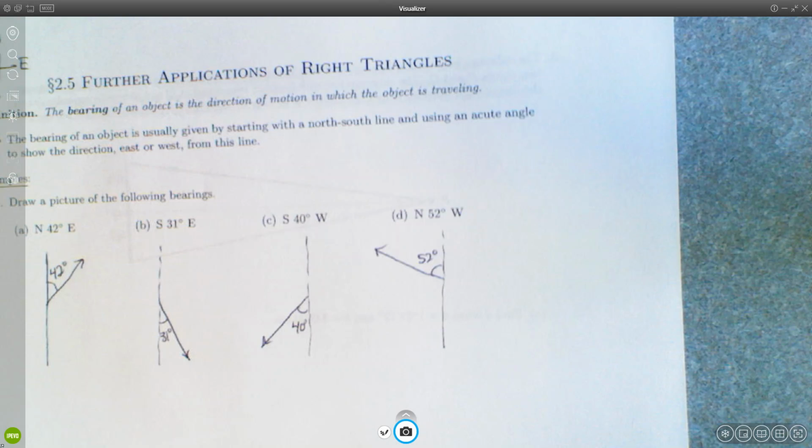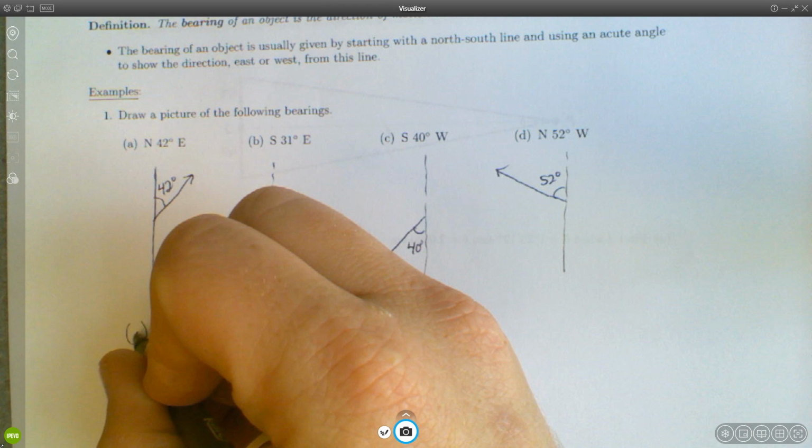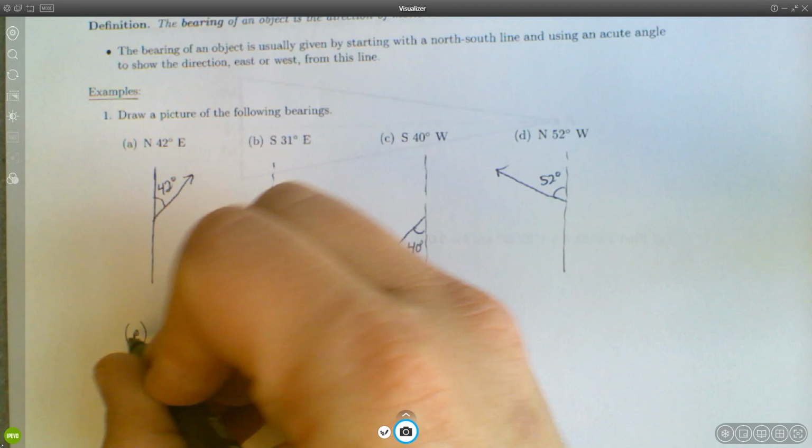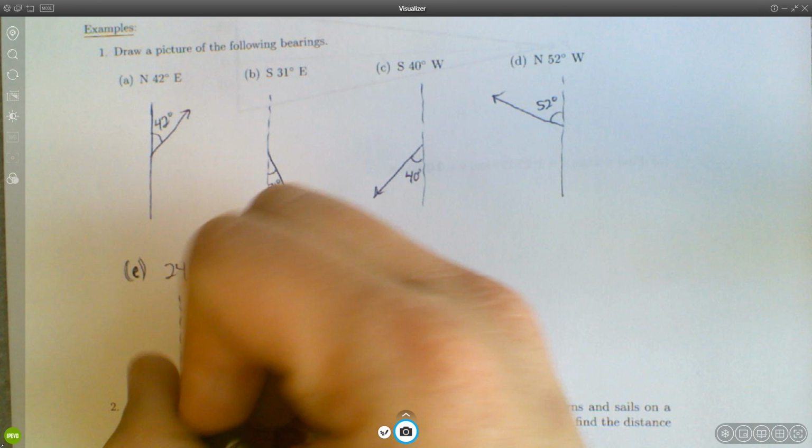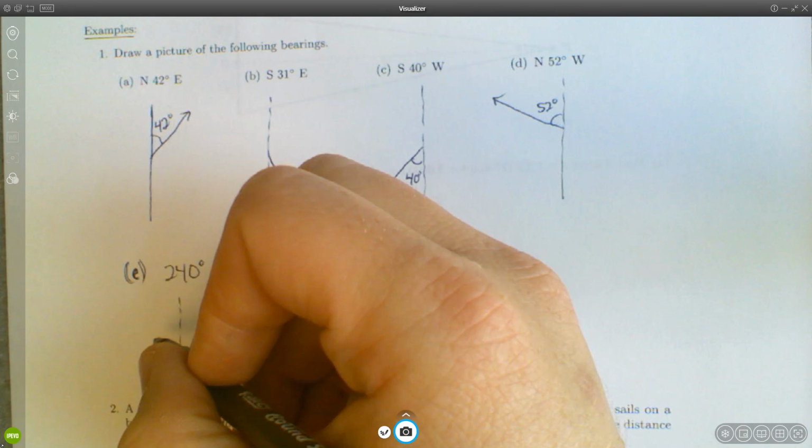Maybe I'll give you another example. If a problem just says the bearing of this thing is 240 degrees, what they're giving you is the angle of rotation from the north. So 240 degrees from the north. If you go around, this is 90, 180, 270, so 240 is somewhere here.